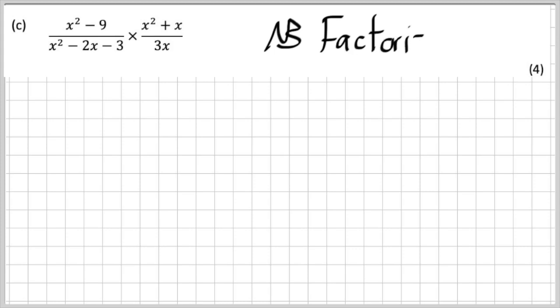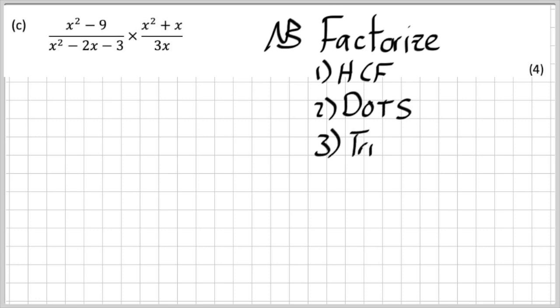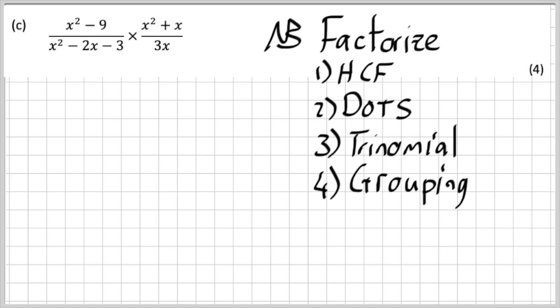In other words, to place me in the position where I can maybe cancel out or divide away. I hate the word cancel out, but divide away. And remember, when we're talking about factorizing, it is about going through those 4 basic steps.